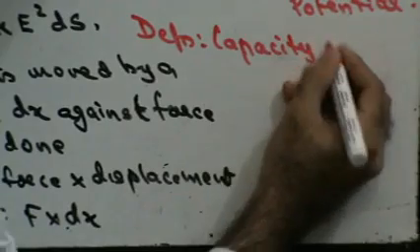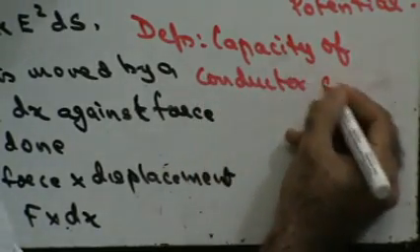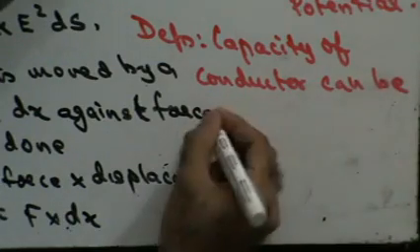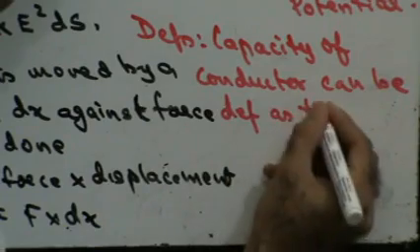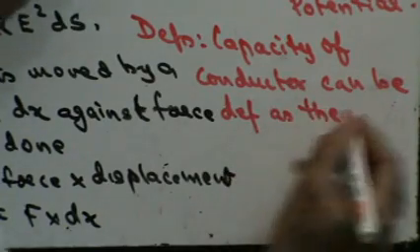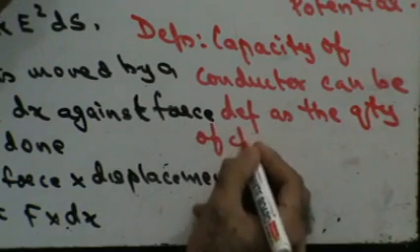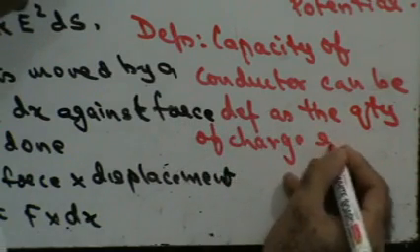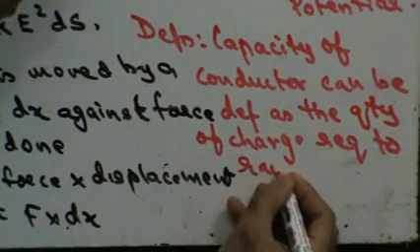Capacity of conductor can be defined as the quantity of charge required to raise the potential by 1 unit.